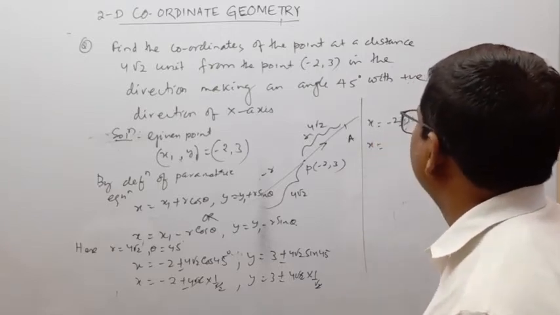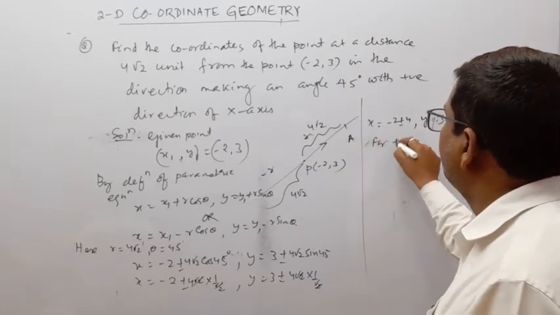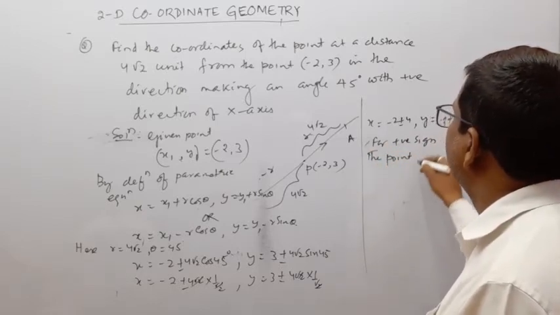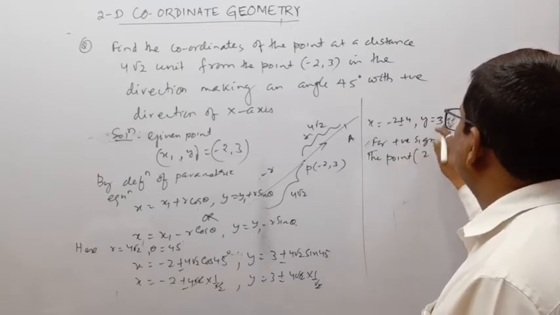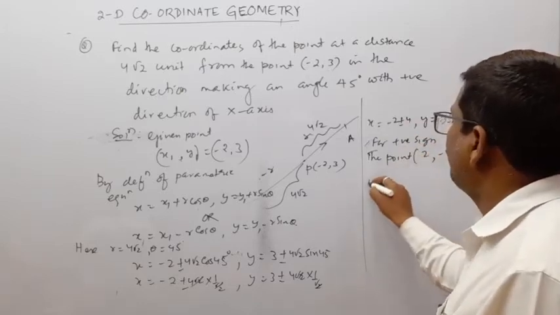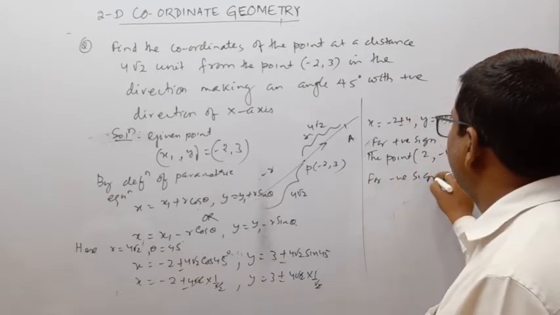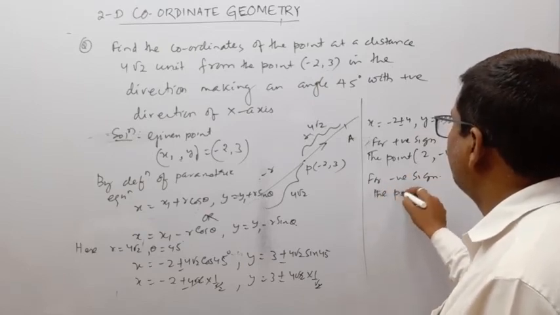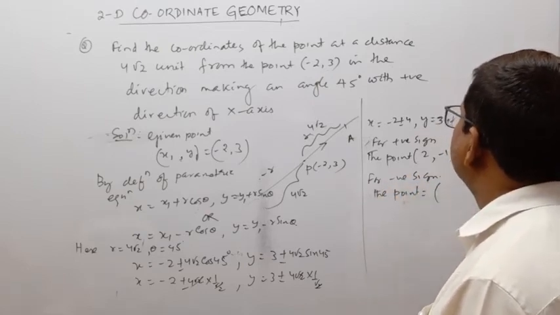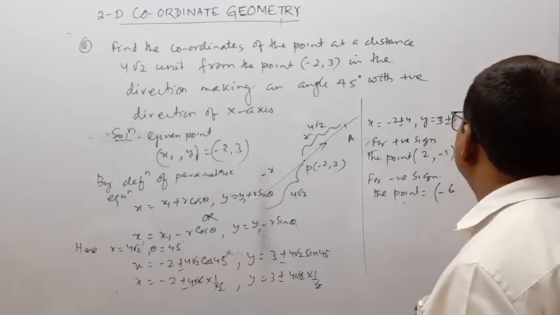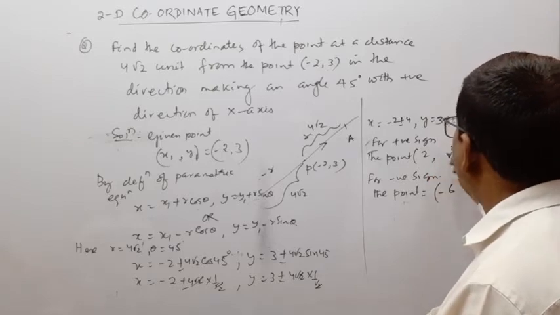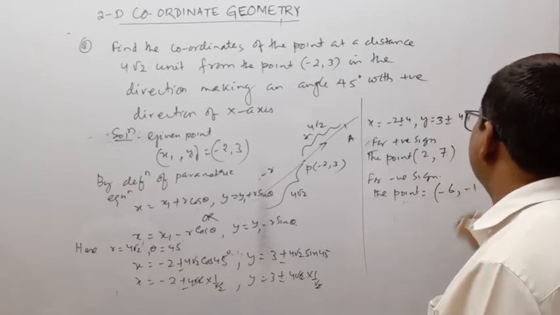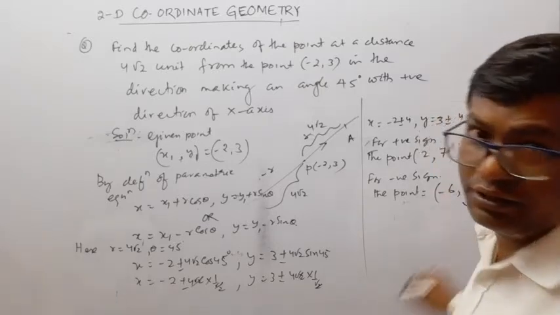Taking the positive sign, the point is minus 2 plus 4, that is 2, and 3 plus 4, that is 7. For the negative sign, x is minus 6, and 3 minus 4, that is minus 1. These are the required points.